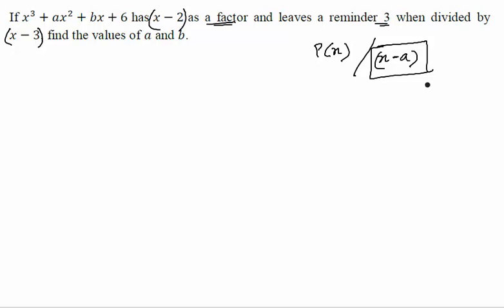If you are dividing by a quadratic expression, then the remainder can be a constant or a linear function. Which means that remainder will always have a degree less than the divisor.